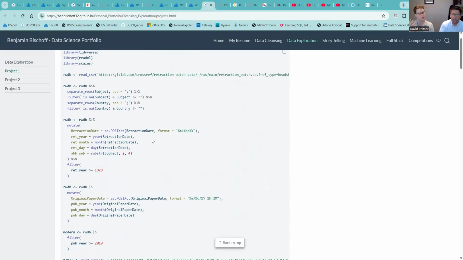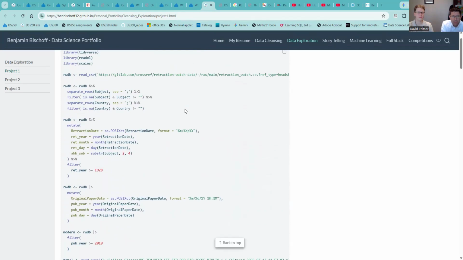A lot of these publications aren't published by one singular country. A lot of them collaborate. And so having to separate each row based off of the countries, making sure I separate it on the right thing. And then when I come to counting it later, making sure I'm not double counting entries and using unique IDs and things like that.